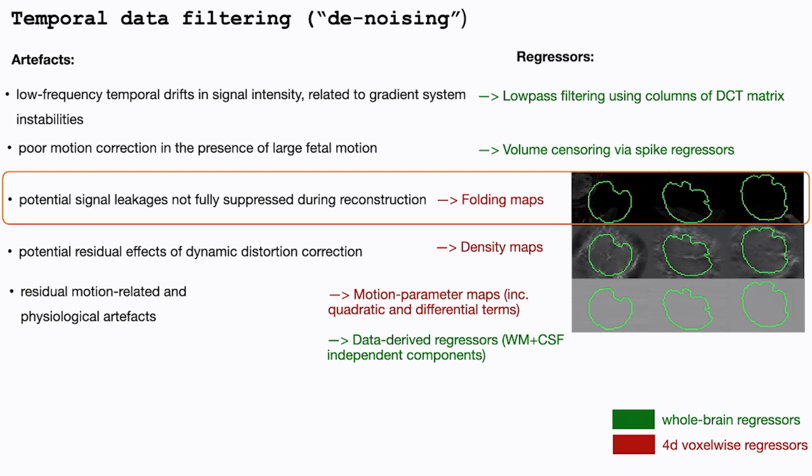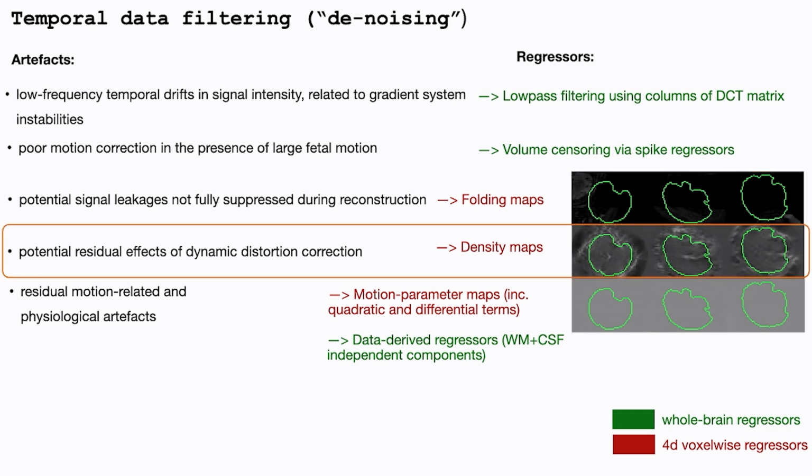Essentially, when you acquire data with a multi-band sequence, for each voxel in the brain tissue you have two companions, and you use the time series of these companions to account for potential remaining leakage. So basically you fold this time series into the brain tissue.